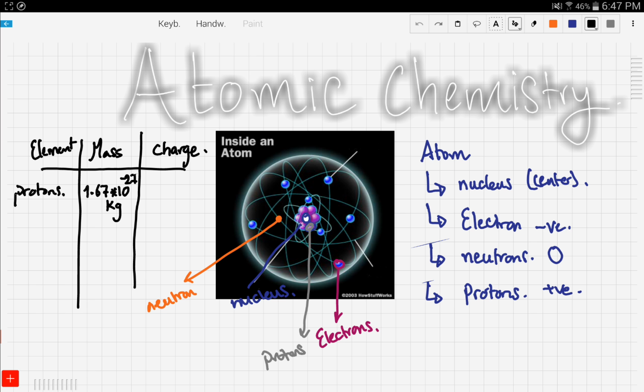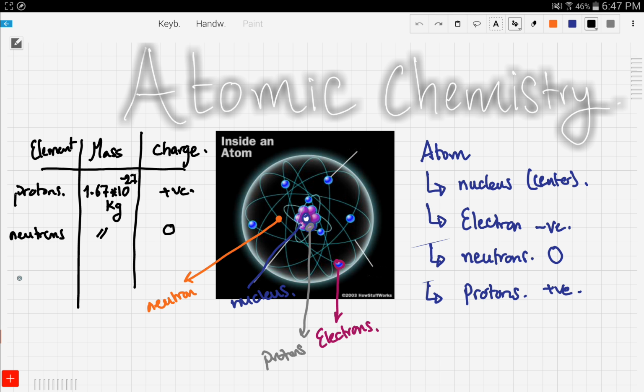See how tiny that is? And the charge of the proton, as we mentioned, is positive. Now let's move on to the neutrons. The neutrons have the same mass as the protons, but with a 0 charge. They're neutral, they don't have a charge.